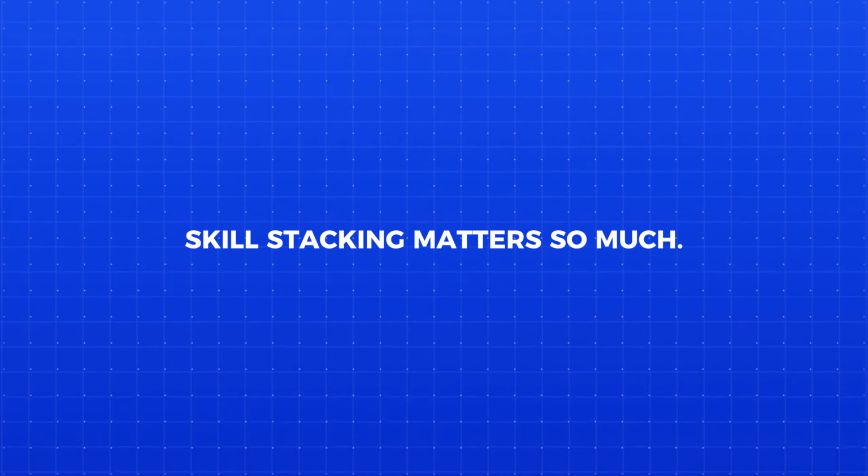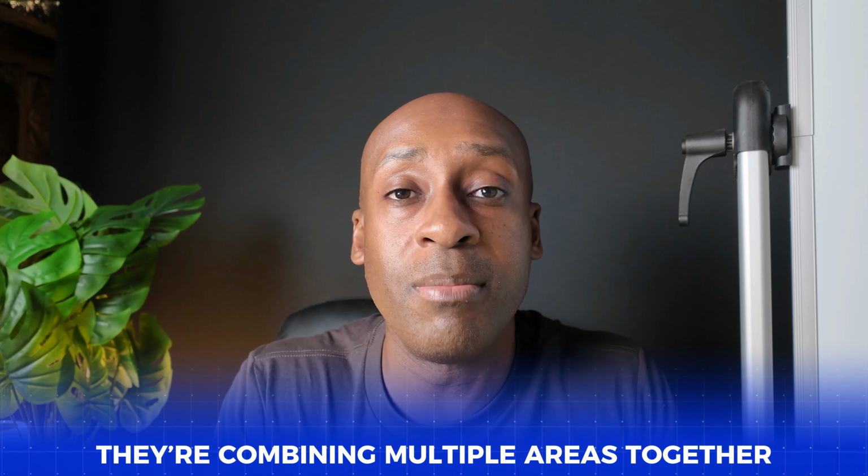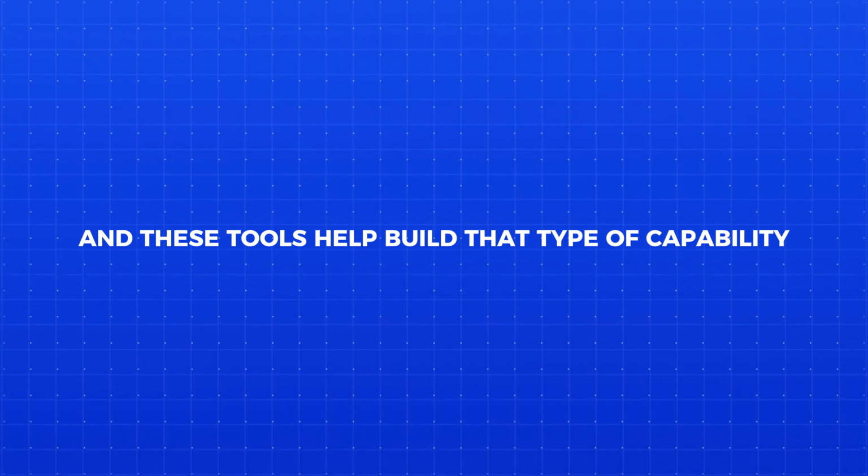And the more you understand how those layers interact, the more valuable you become inside the environment. That's why skill stacking matters so much, because high-paid cloud engineers are usually not operating from one isolated skill. They're combining multiple areas together in a way that helps environments operate more efficiently and at scale. And these tools help build that type of capability.